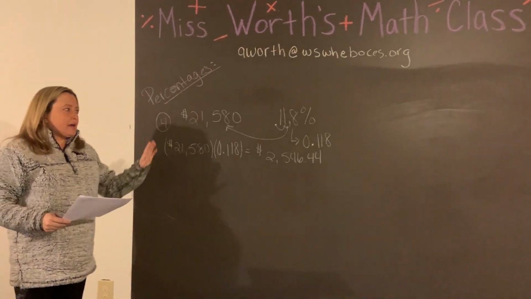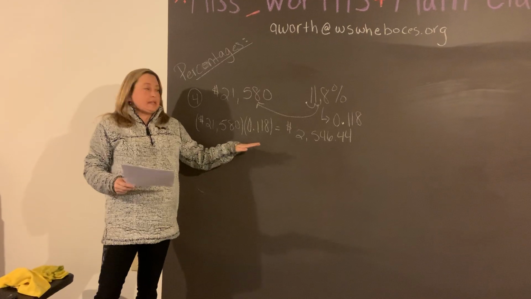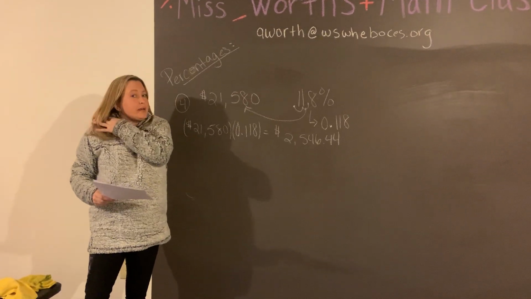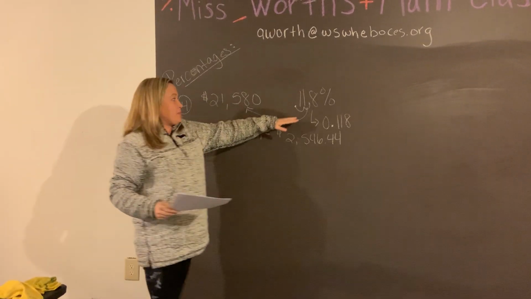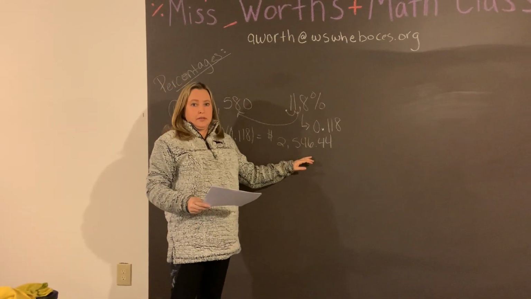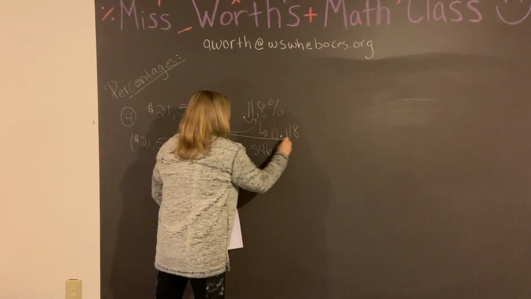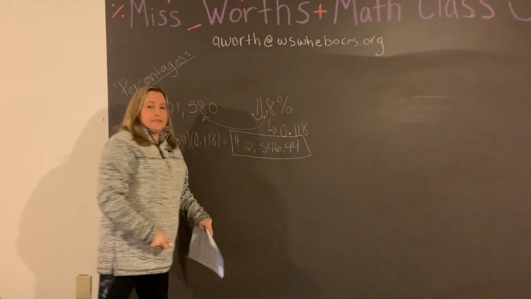Okay? Again, what is this question actually asking? It's asking how much am I putting away? What is 11.8% of this number? Did I answer that question right here? Yeah. I'm actually done with that answer. All right, that is my final answer.